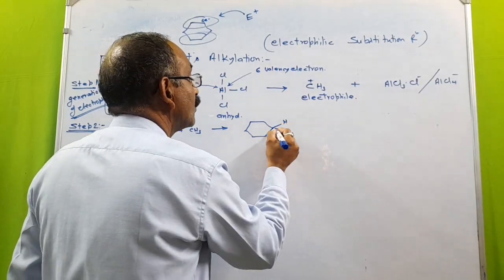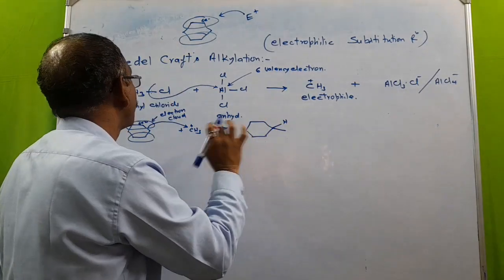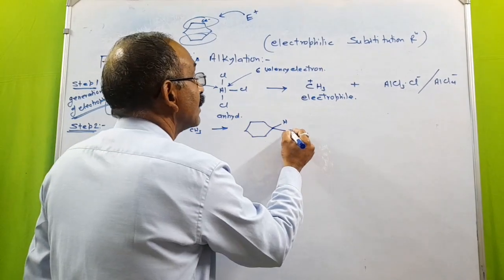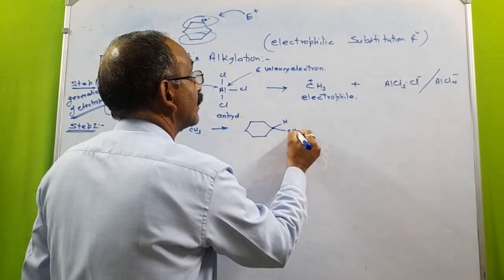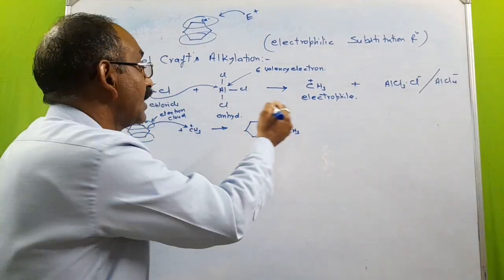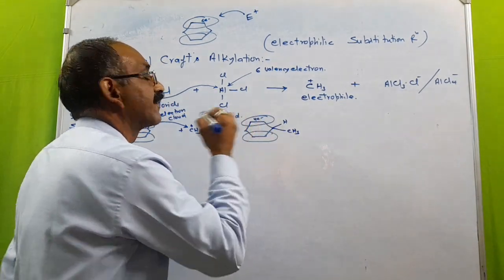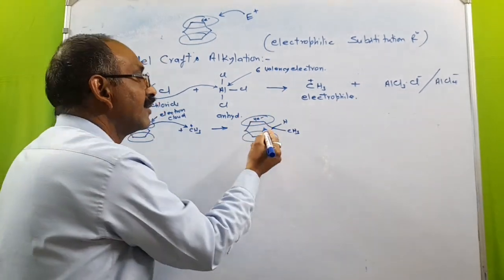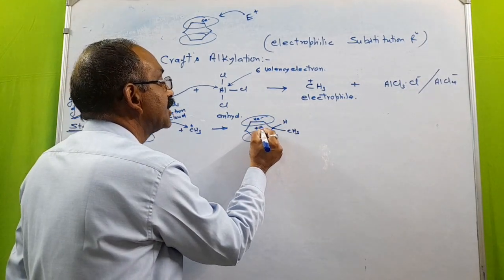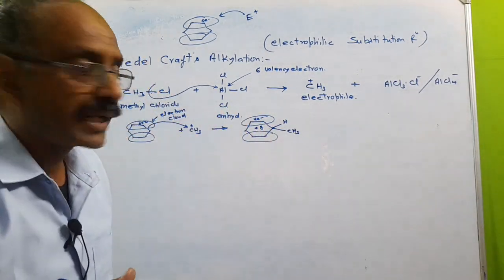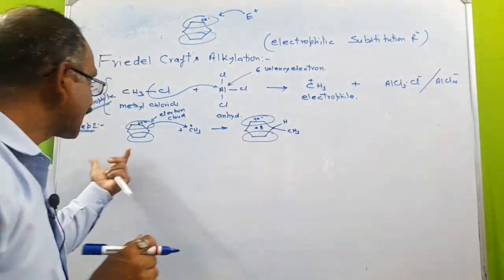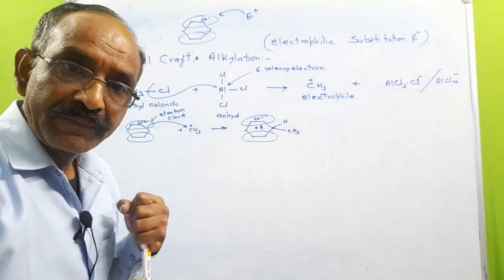And as we know, at each position of the ring there's one hydrogen. Now in the cloud, 4 electrons will be left, means the ring will become electron deficient, with a slight positive charge. So this is the 2nd step.